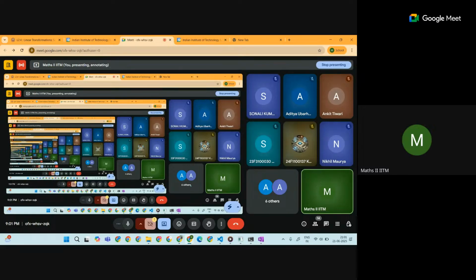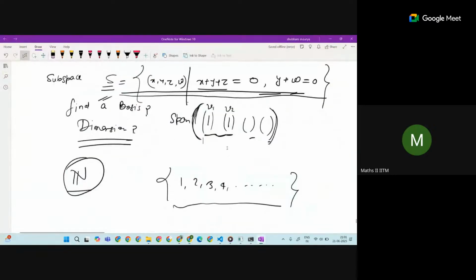Okay. Next is the word dimension. If I link it with the same example, there is you and your brother and your cousin brother, and the new person came and asked who that person is.